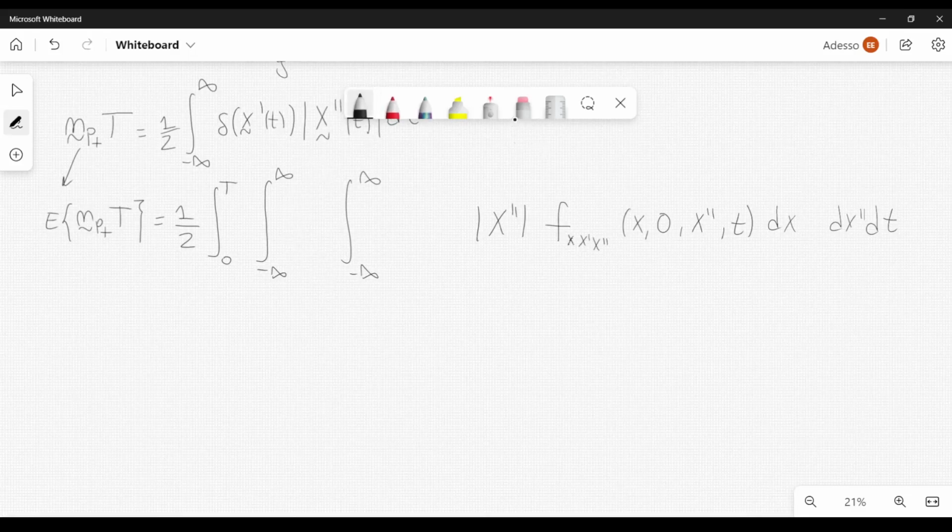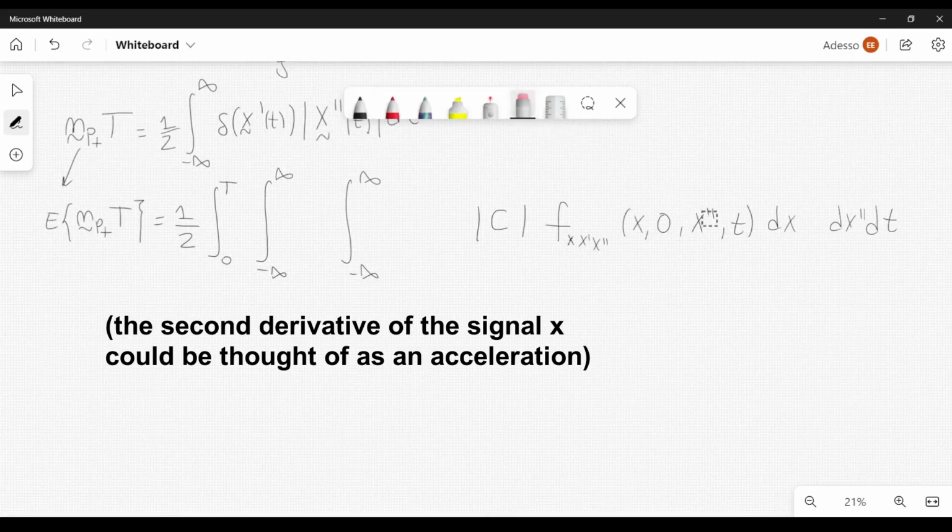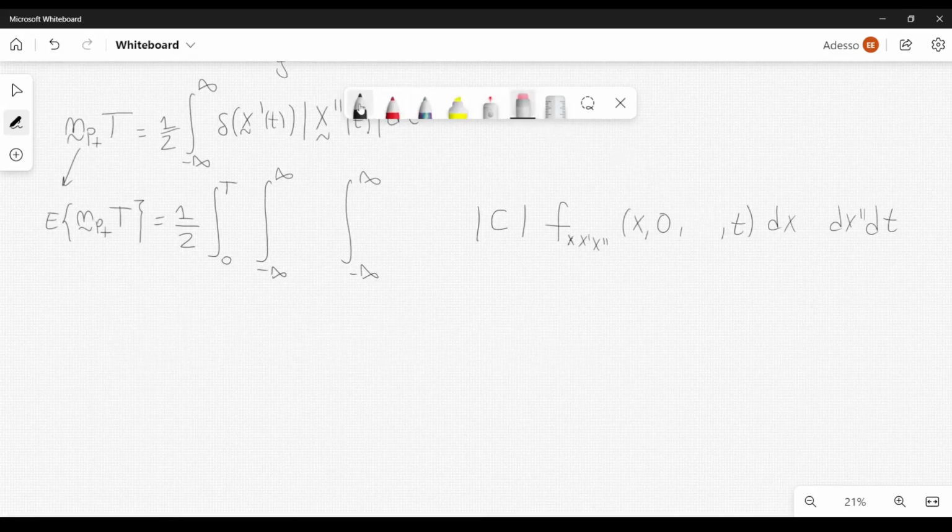And then let me also change the notation a little bit. Instead of using x double prime as the variable of acceleration, I'm going to use c. Here I'm also going to use c, and here I'm also going to use c, and then I'm going to use a instead of x. So let me call this a, let me call this a.